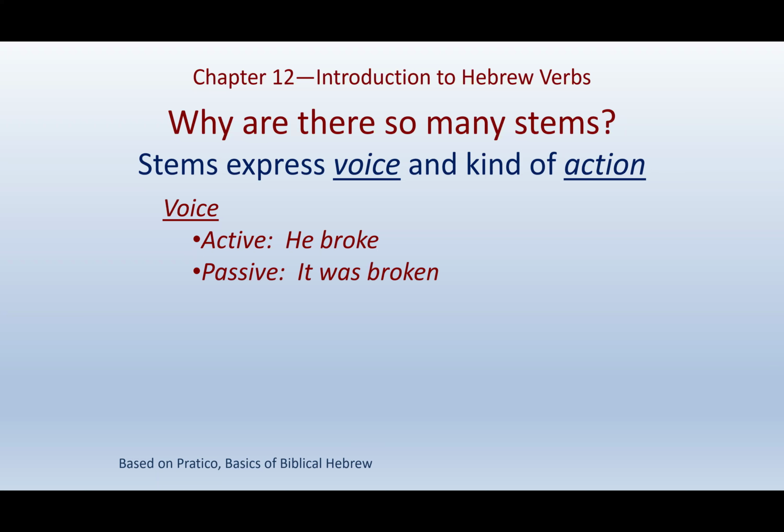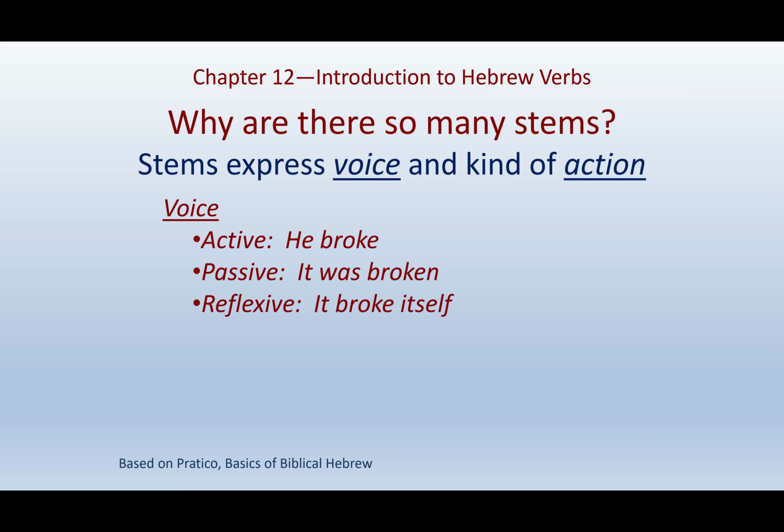It was broken. And that's how we do it in English. We put was, or sometimes being or something like that. But that's the passive. The action happens to the subject. The subject isn't doing it. However, if the subject is doing the action and the subject is acting upon himself, like he hit himself or it broke itself, that sounds like something your kids would say when you ask, "Who broke the cookie jar?" "Oh, I didn't do it. It broke itself."